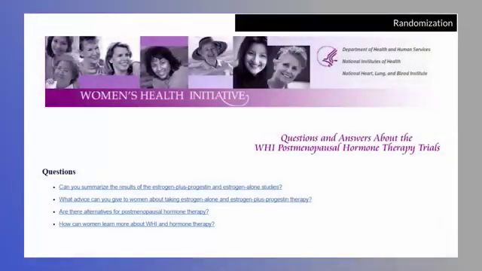A very famous example of randomization that occurred kind of recently, at least in the past decade, was from the Women's Health Initiative. The Women's Health Initiative conducted a randomized trial of hormone replacement therapy, which at the time was a fairly standard treatment for postmenopausal women.